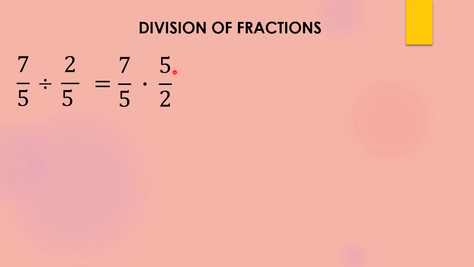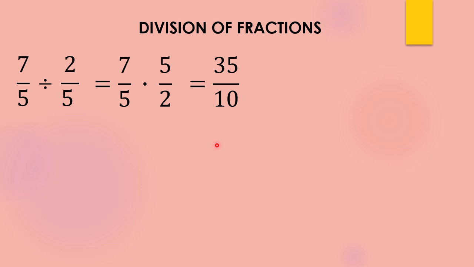So it will become 5 halves or 5 over 2. And then this is now a multiplication of two fractions. So we will follow the steps in multiplying two fractions. So multiplying both numerators, 7 times 5, it will give us 35. And then multiply 5 and 2, it will give us 10.